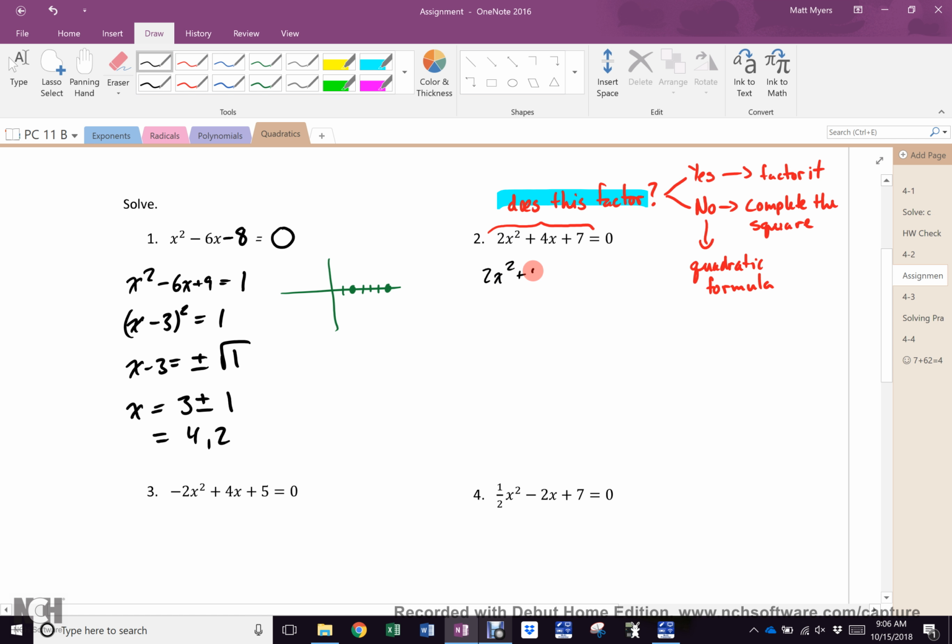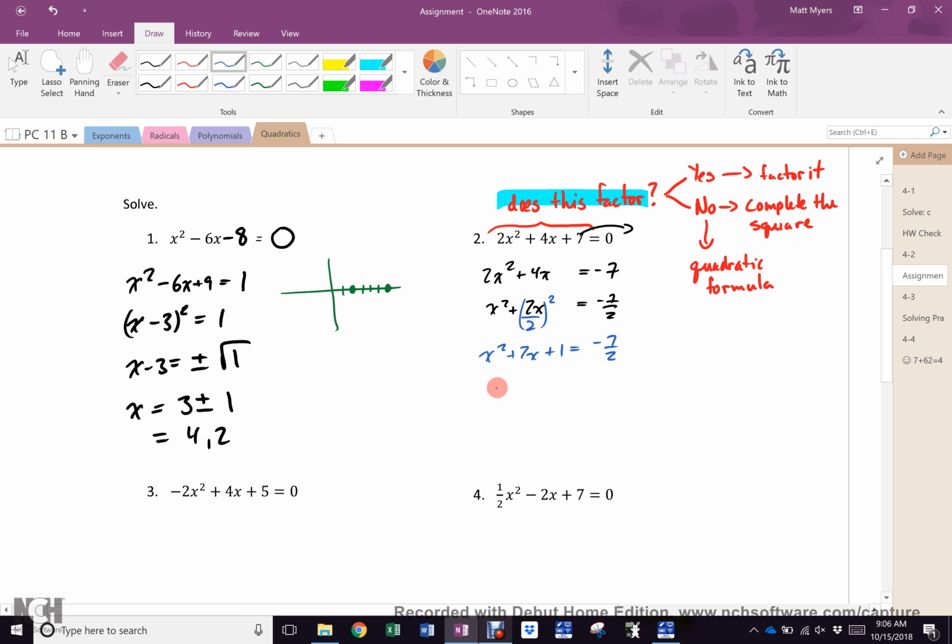2x squared plus 4x equals negative 7. I move that over. Divide everything by 2. X squared plus 2x equals negative 7 halves. Half of 2 is what? Divide by 2 and square to get x squared plus 2x plus 1 equals negative 7 halves plus 1.